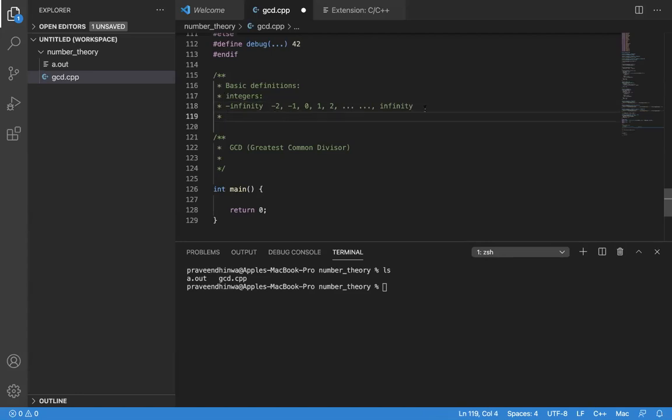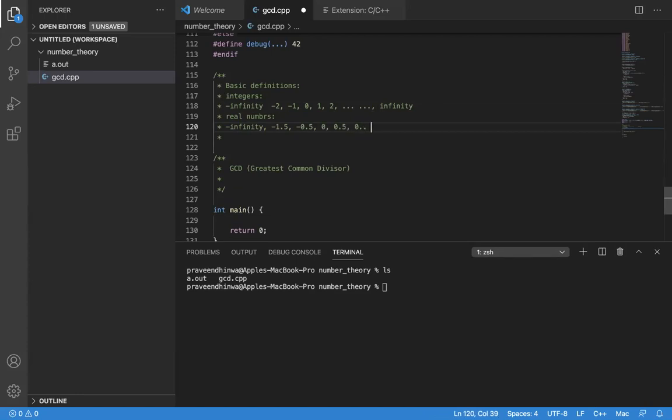And real numbers are maybe like 1.5, minus 1.5, minus 0.5, 0, 0.5, and so on and so forth.